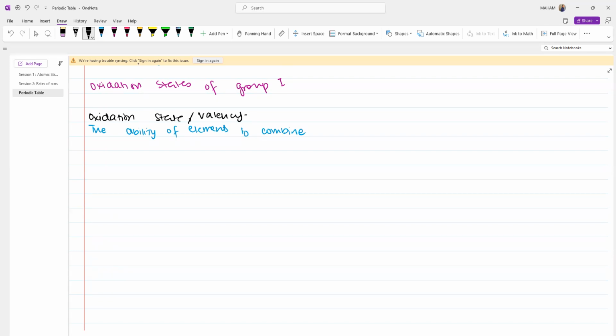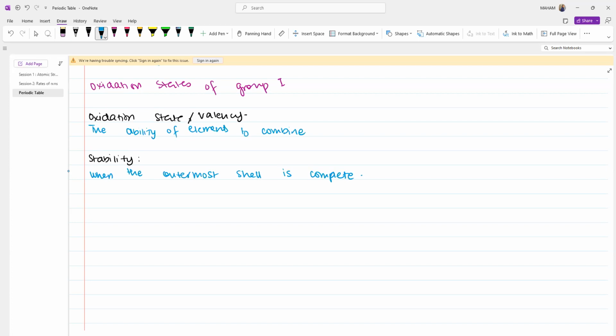Okay. Now we talk about stability. What makes an element stable? Stability occurs when the outermost shell of electrons, that is the valence shell electrons, is complete.